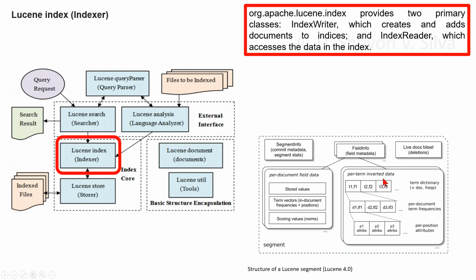Here you can see the structure of a Lucene segment. Here the Lucene 4.0 we are considering. Lucene uses a well-known inverted index representation with the additional functionality of keeping adjacent non-inverted data on a per document basis. Both in-flight and persistent data use a variety of encoding schemes that affect the size of the index data and the cost of data compression.